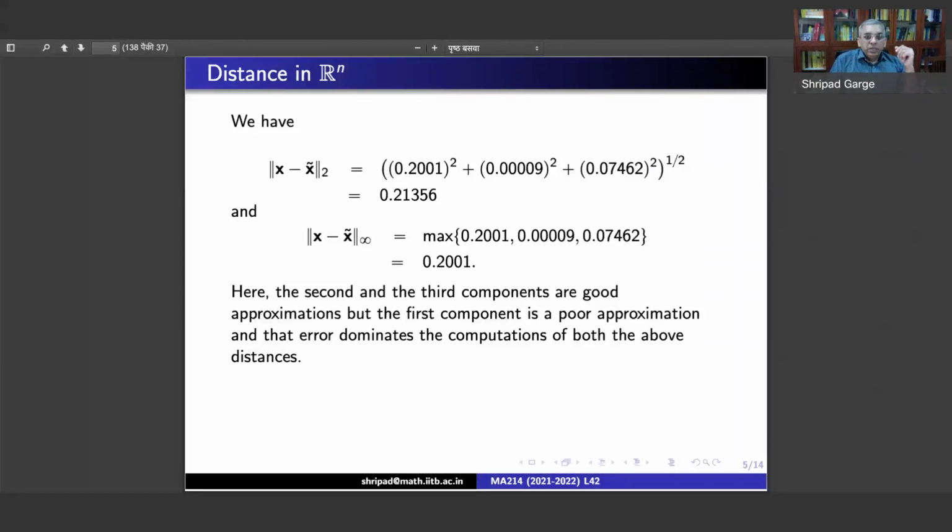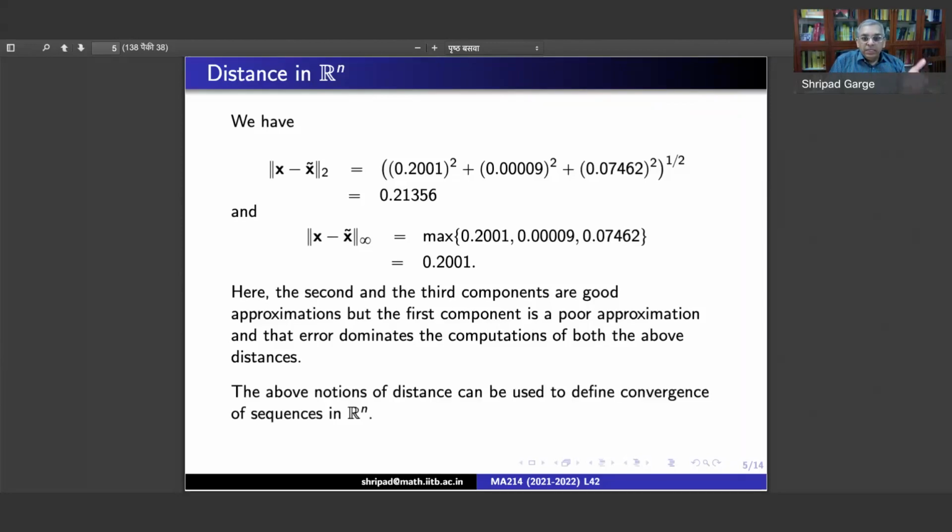Okay. So the notion of distance that we have now defined can be used to define convergence in Rn. We will say that a sequence of vectors, say Vn or Xn, converges to a vector X if the distance between xn and x can be made as small as you want. You know, we have that epsilon and capital N that can be brought in, with your usual modulus being replaced by either the L2 norm or the L infinity norm.